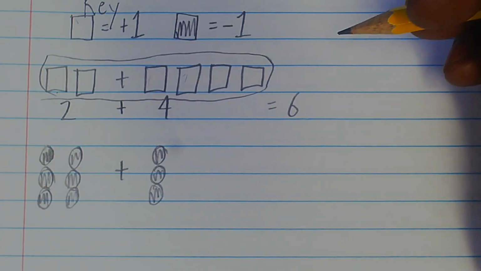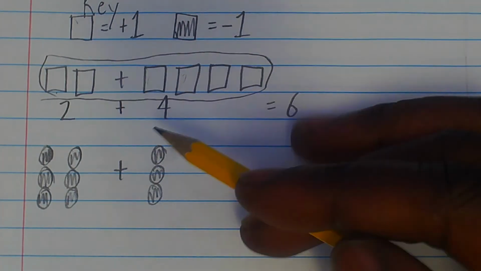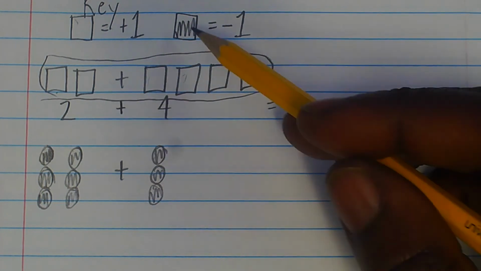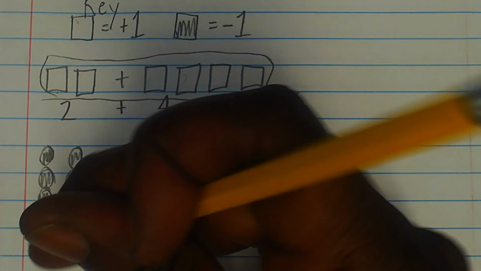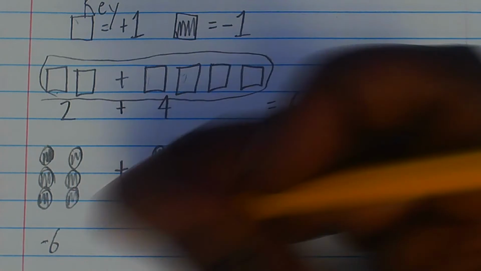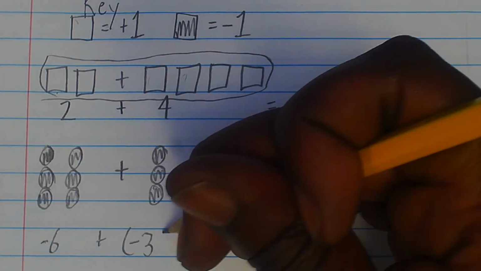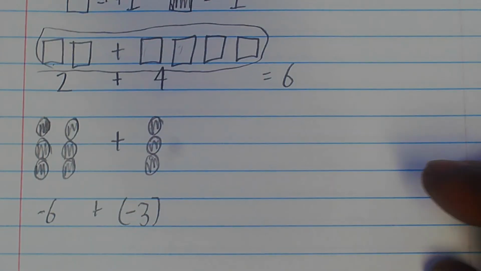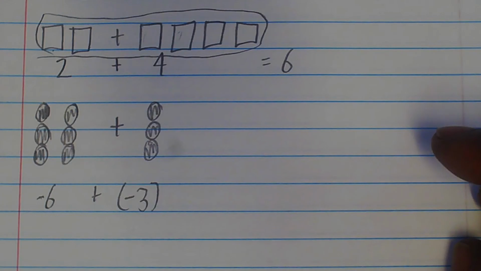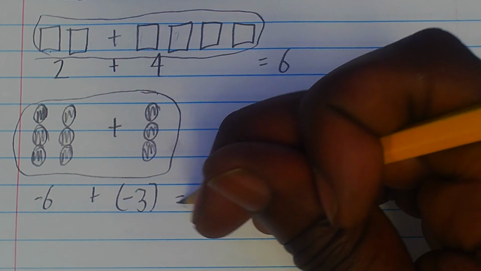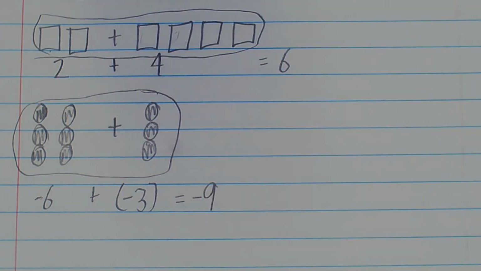Knowing that each one of these represents a negative 1, I would have negative 6 plus a negative 3. And of course, when we put all of these together, since they're like signs, that's going to equal a negative 9. Okay?